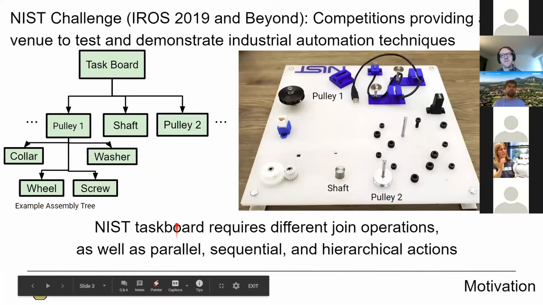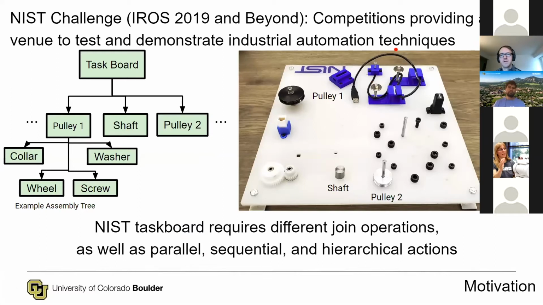So our field requires benchmarks to prove the state-of-the-art methods for industrial robotics. At IROS 2019, the American National Institute of Standards and Technology came up with a robotic assembly competition that had a task board benchmark, which included common assembly tasks such as threaded fasteners, insertions, mesh gears, and cable routing.